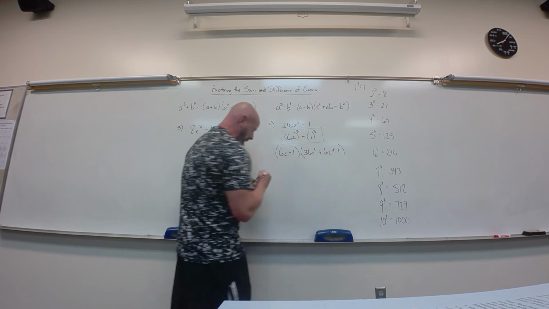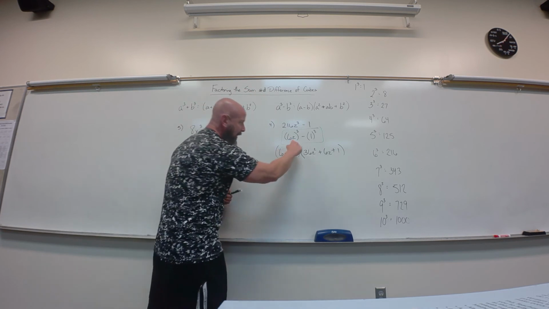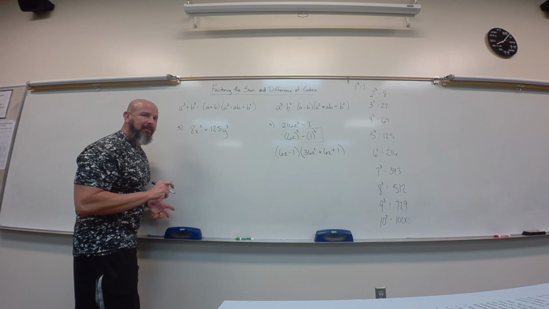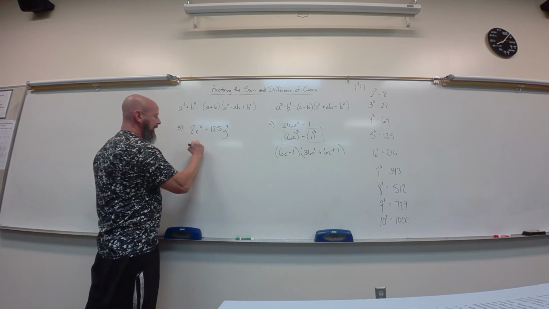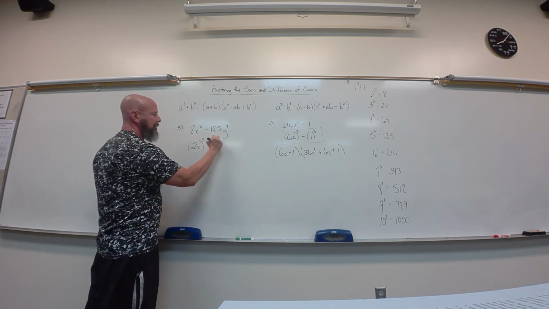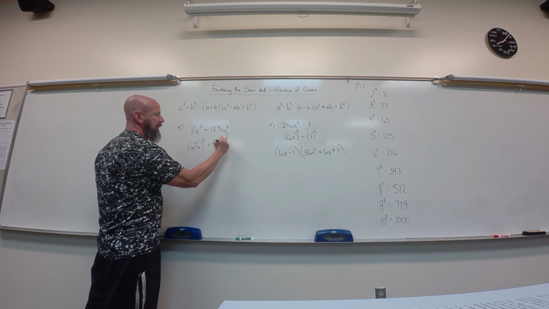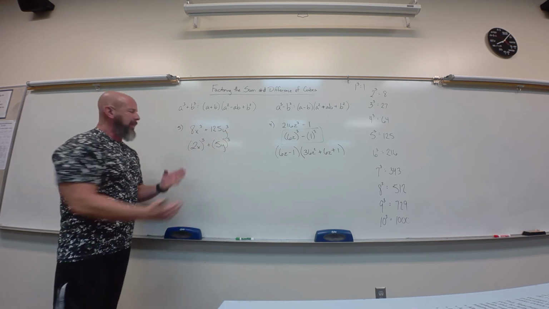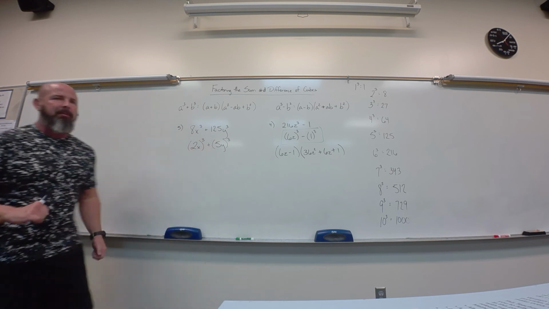But man, I sure like having it there because it tells me the two pieces that are being cubed. So when I look at this 8, 2 and the x are being cubed. 125 is 5 cubed, so 5 and the y being cubed. Writing it like this does help me. It helps me see the two pieces that I'm going to be working with.